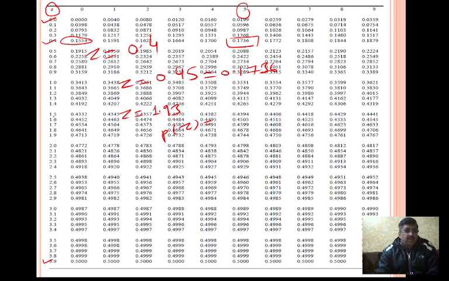So for z equals 1.9, this line is 1.9, and you can see this 0, 1, 2, and this 3, right? So it is somewhere here, so this looks like 0.4732. Hope you understand this, right? Happy or not? Let's move to the next slide then.